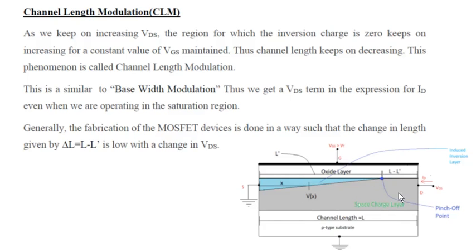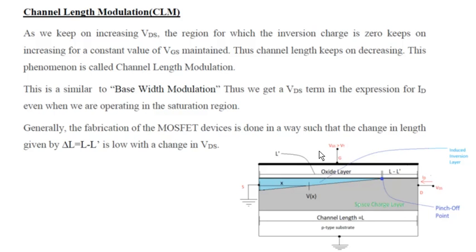This figure shows channel length modulation, that means reduction in channel length causes an increment in current. This region is called L dash, and this total length is called L. This reduction is called L minus L dash.